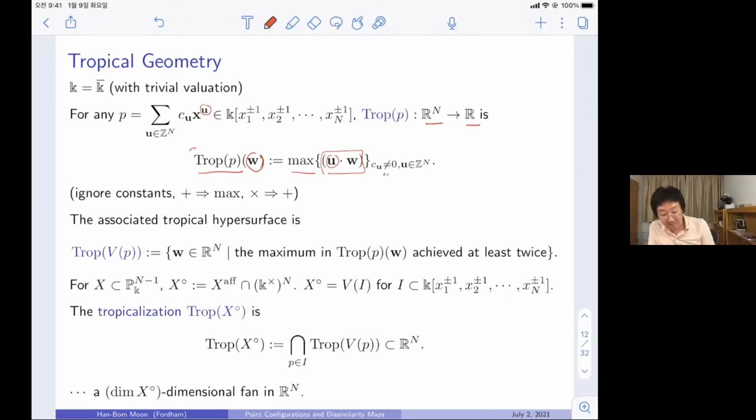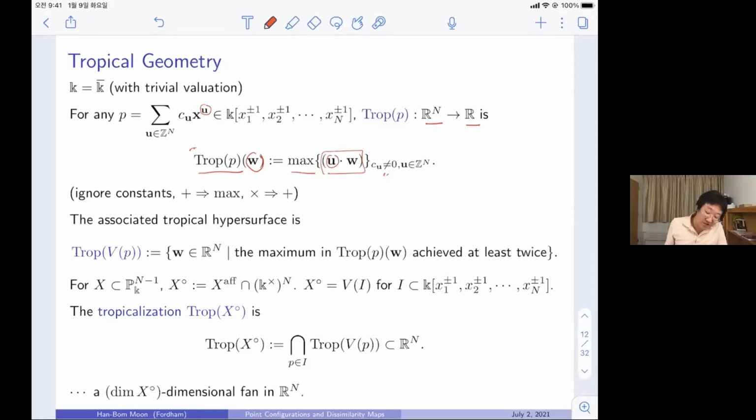Anyway, that is how we define the tropicalization of a polynomial. Now this is a continuous function whose domain is R to the n. But this is not smooth anymore because we take the maximum of a row of linear functions. So this is piecewise linear.